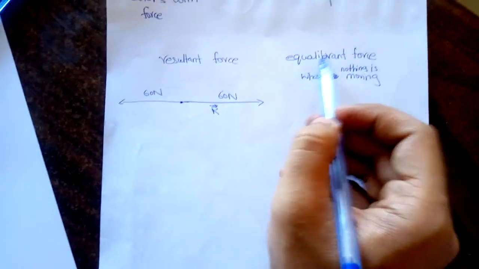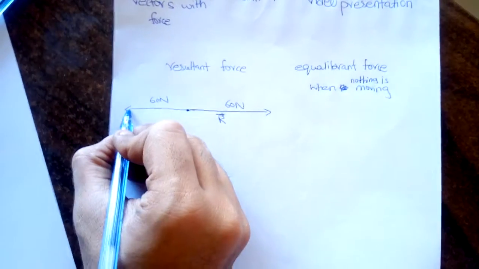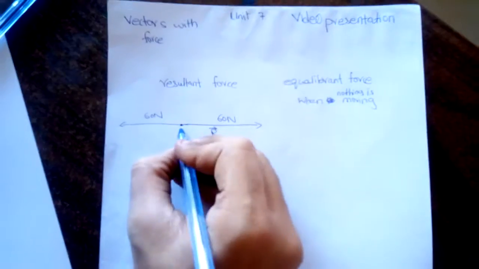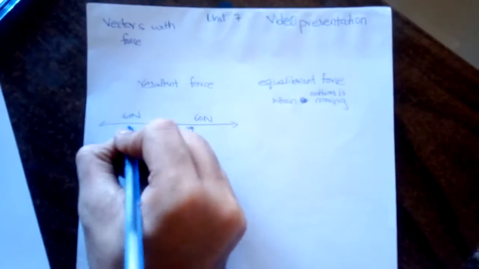As I told you, equilibrium force happens when nothing is moving. So if this side the force is 60 newtons and this side the force is 60 newtons, this object cannot move, it will stay in this position. We can call this E.